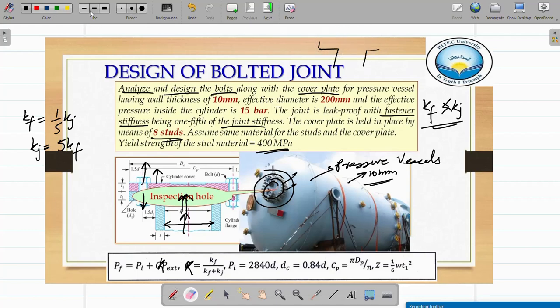The only area exposed to the cover plate is this area, because fluid pressure can only be applied on this exposed area. The capital D is the internal diameter of the cylinder.